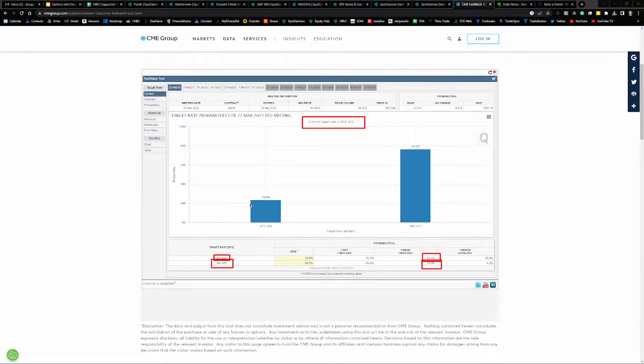So now the chance of what the market is pricing for a 25 basis point hike is 23.6%, and the expectation for a 50 basis point hike is 76%.